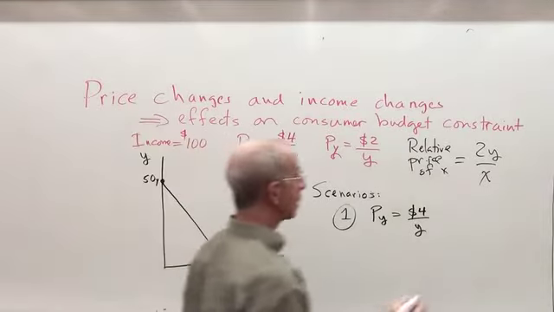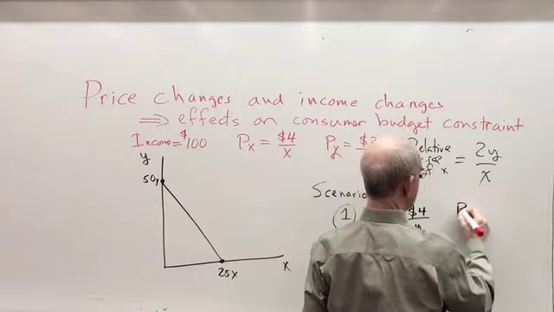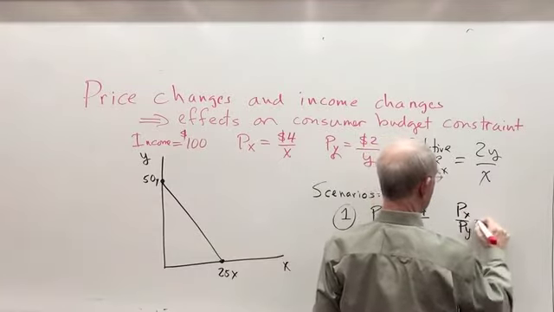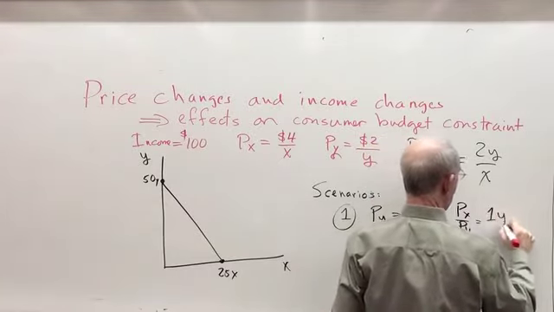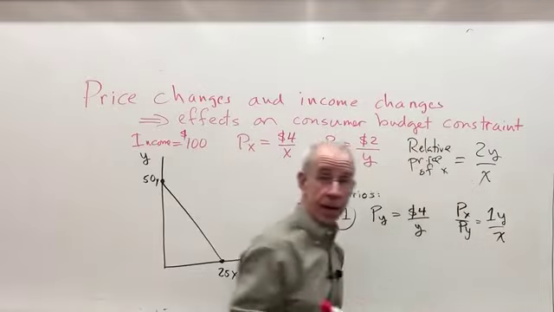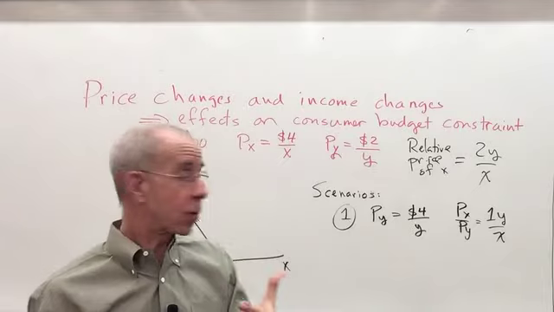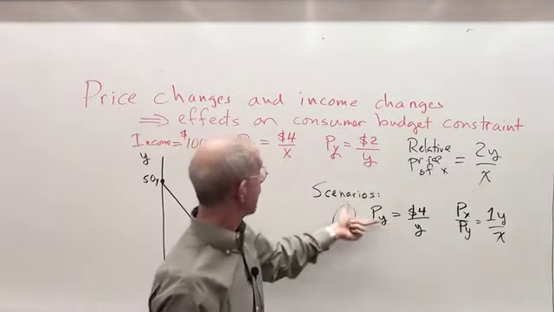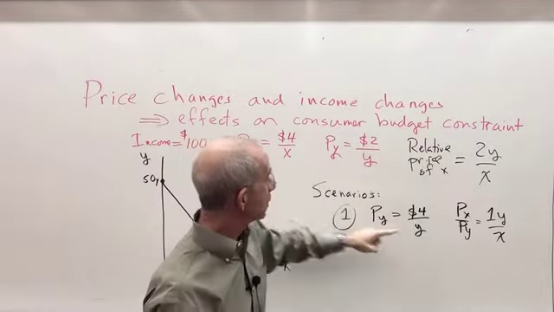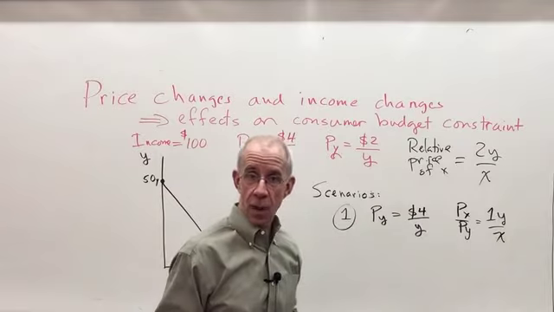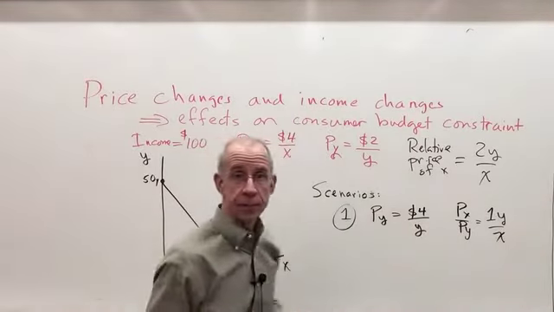Now, a couple of things to note. One is that the relative price of X is now 1Y for every X. That is that Y now costs the same thing as X. It was $2, now it's $4, the same as X.